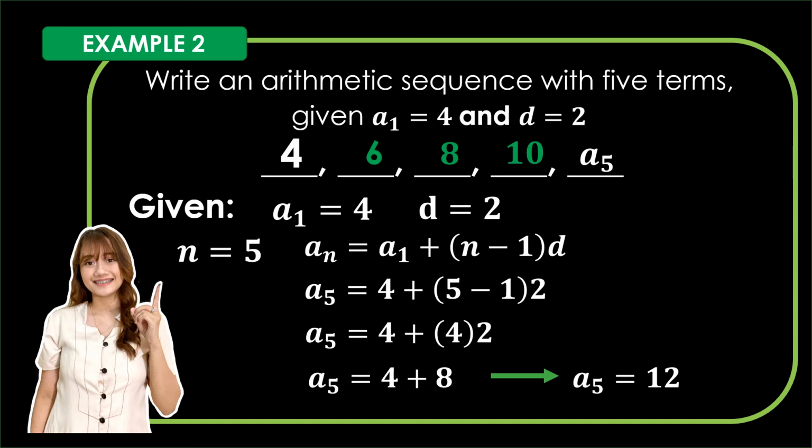Our sequence becomes 4, 6, 8, 10, 12. Thus, our first 5 terms of the arithmetic sequence, given that a sub 1 is 4 and the common difference is 2, are 4, 6, 8, 10, and 12.